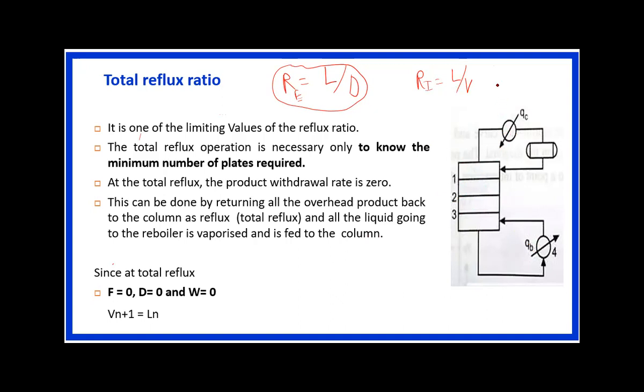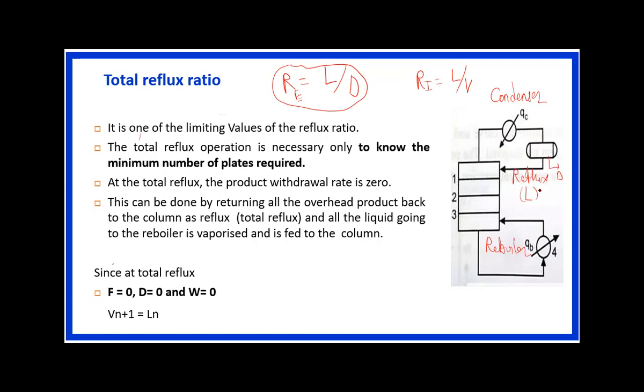So when we are talking about the total reflux ratio, this is the condenser and this is the reboiler. We already discussed the reflux also. So this reflux can be indicated as L, and the distillate can be indicated as D.